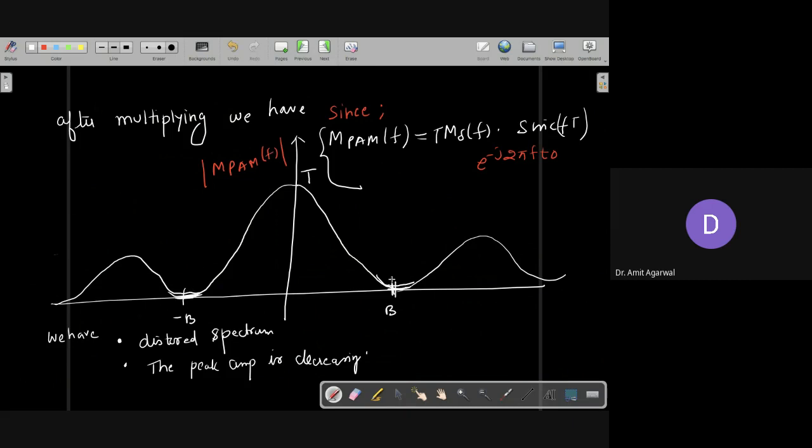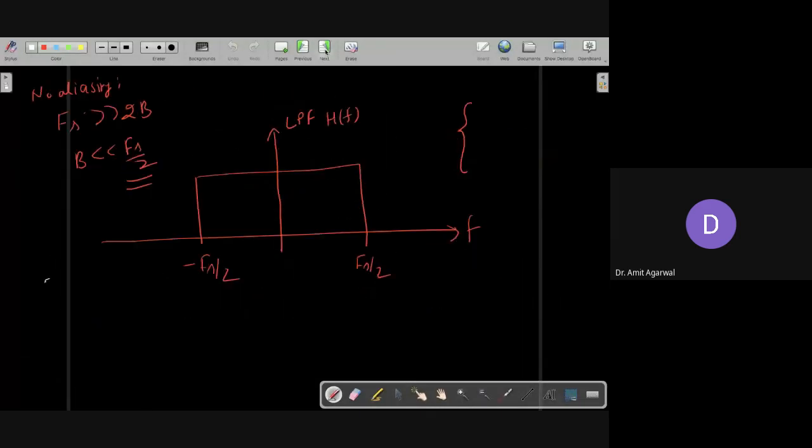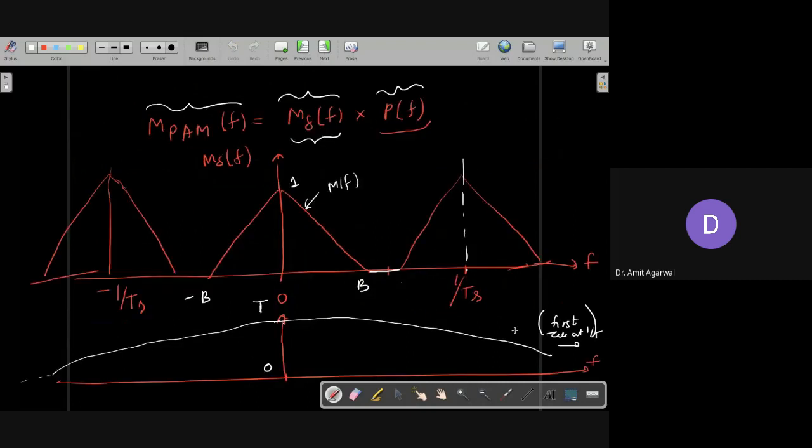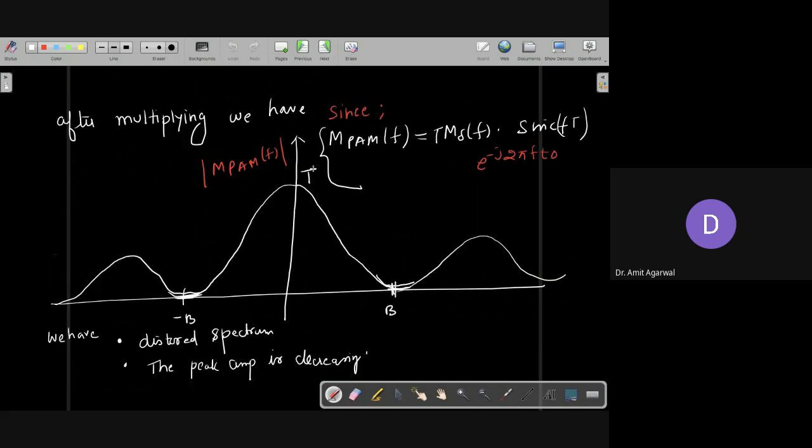This was your M delta, right? And why do these lobes have smaller values? Because when we multiplied, the value of this is quite less as compared to this. So we are just multiplying these two. So this is the spectra of your ideally sampled signal, and this is the spectra of your PAM signal.